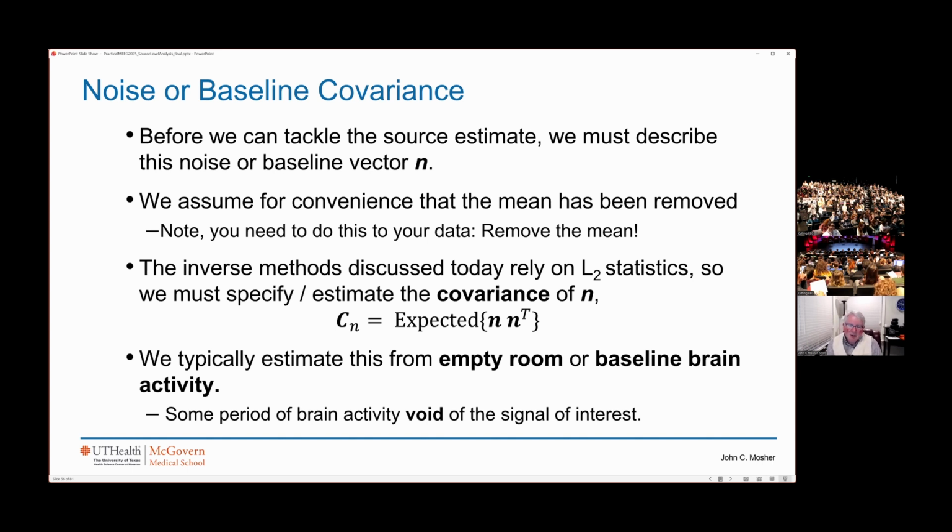And even in MEG, there are arguments like the empty room's a little too empty. You need to go find some baseline brain activity that's void of the signal of interest. Now, thankfully, fMRI has designed a whole host of protocols which can also say this brain activity we're looking at is our baseline. But you specify or estimate this covariance of N N transpose. And when you're processing data, make sure you remove the mean, because we're assuming zero mean.